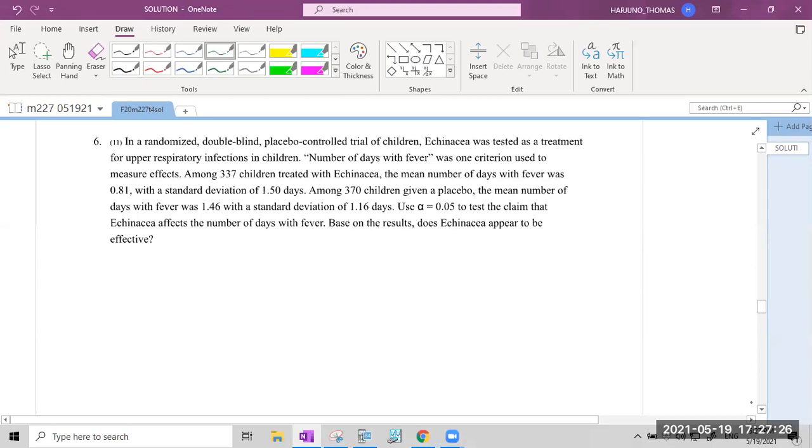In the randomized, double-blind, placebo-controlled trial on children. Double-blind means the person who receives the treatment doesn't know if they get the real treatment or the placebo, and also the person who gives the medicine doesn't know if that medicine is the real medicine or a placebo.